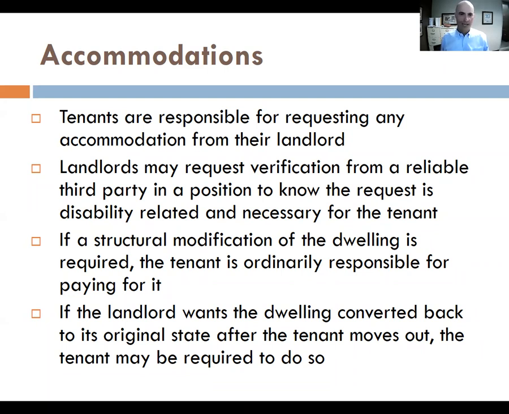So it can be a care provider, it can be a parent requesting the accommodation on behalf of a child, or an adult child requesting it on behalf of a disabled parent.